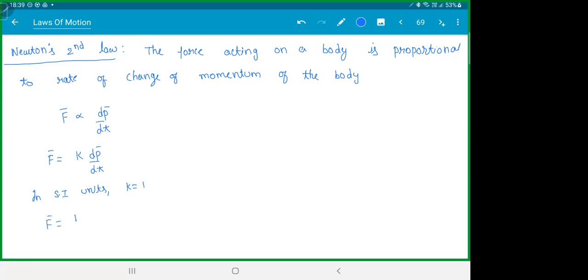So this F becomes dp by dt, and that is nothing but d(m v vector) by dt. Then we use the product rule: m into dv by dt plus v into dm by dt. This is the actual equation.